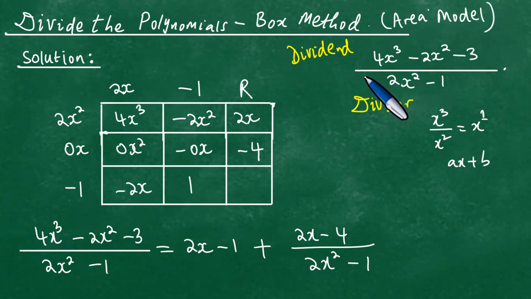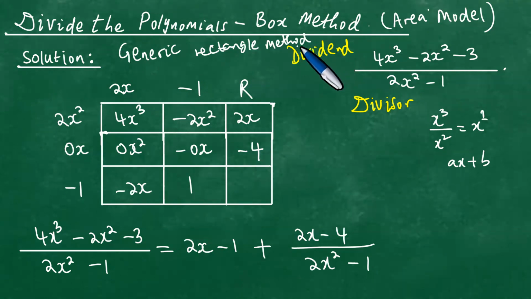And some people call it, for example, the generic rectangle method. Some people call it a generic rectangle method, and some people call it the area model, but obviously it's also called the box model.